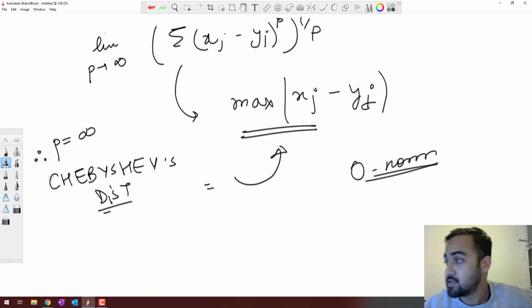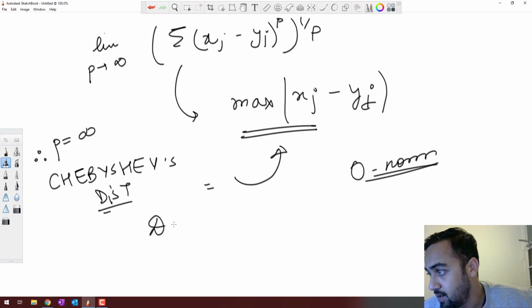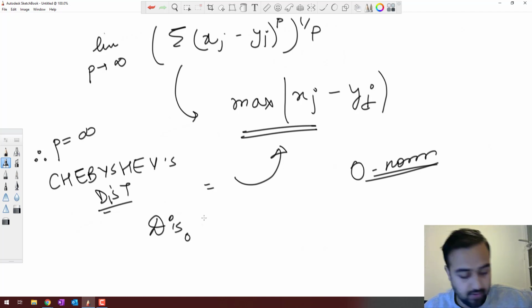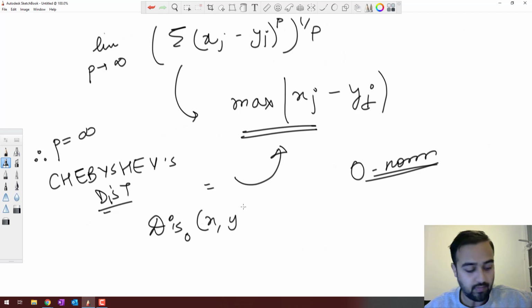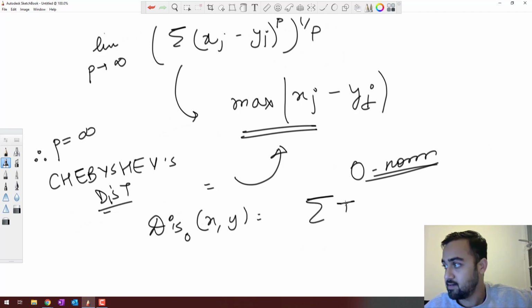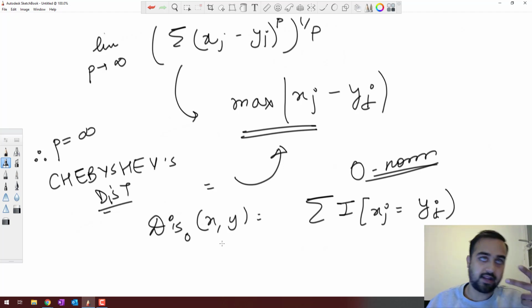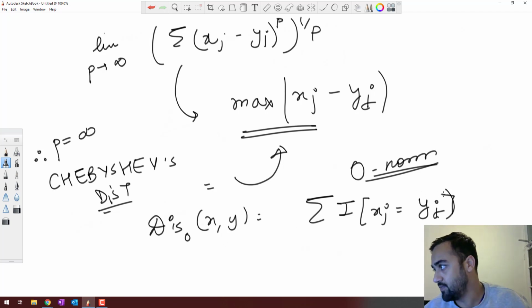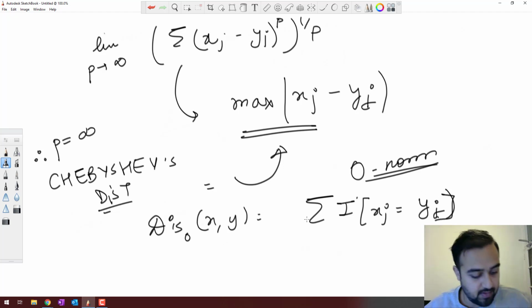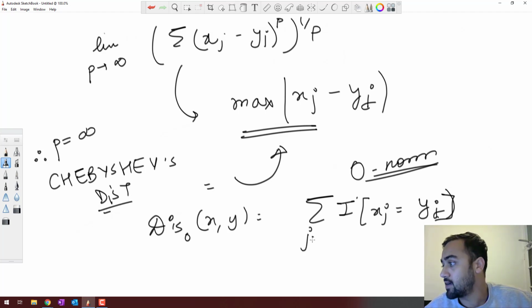So your zero norm distance would become just your indicator function, where it equals 1 when the bits in your vectors x and y differ, and 0 otherwise. So that covers your zero norm distance.